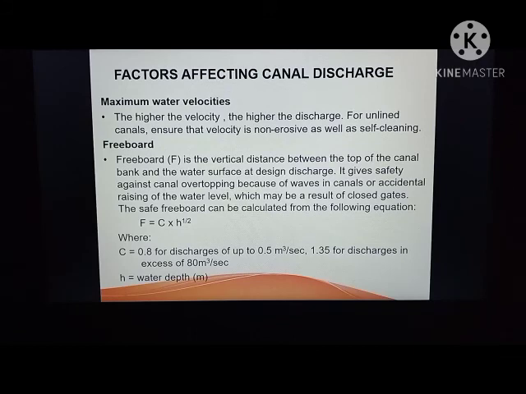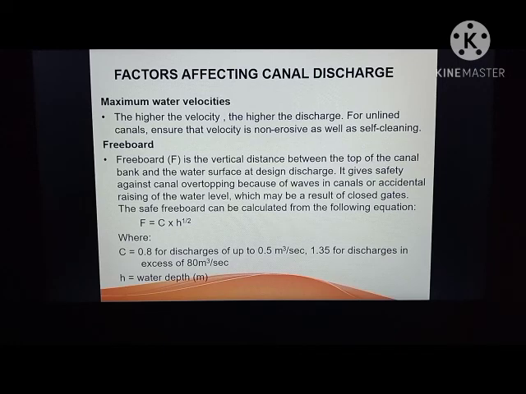Next is the freeboard. Freeboard stands for F. It is the vertical distance between the top of the canal bank and the water surface at design discharge. It gives safety against canal overtopping because of waves in canals or accidental raising of the water level, which can result from a closed gate.